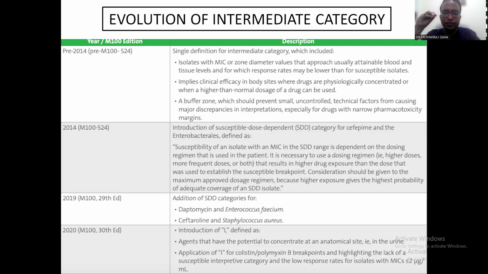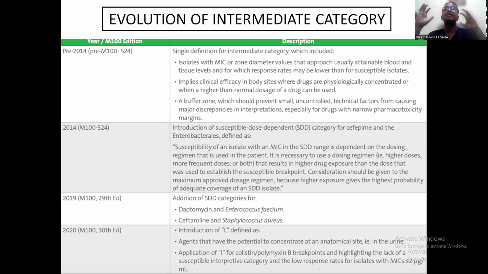portion of the MIC of a drug which can be achieved with a higher dose. So two things can be done. One, the dose can be increased to go beyond the susceptible MIC, and another is to give a drug where the drug gets concentrated, like levofloxacin, which comes out through the urine, or cefepime, which comes out through the urine.